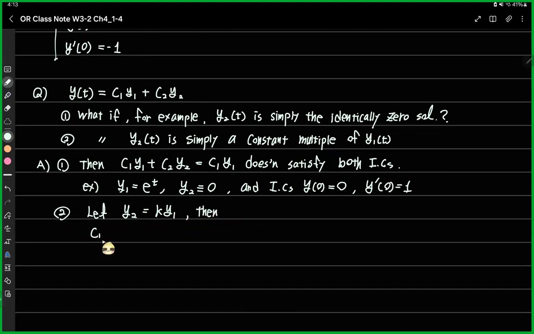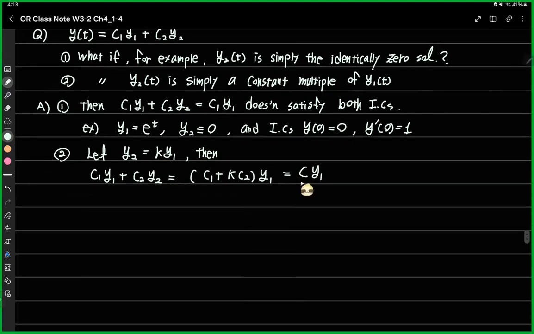C1 times y1 plus C2 times y2 is equal to C1 plus k times C2, times y1. But C1 plus k times C2 can be written as C, times y1. This one has only one constant, so we're going to get the same problem as the first question.